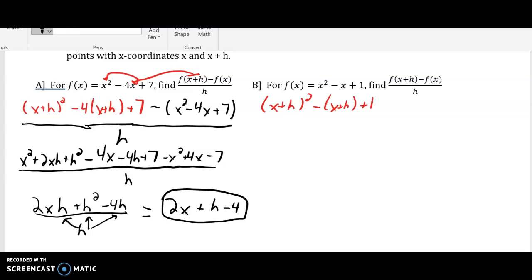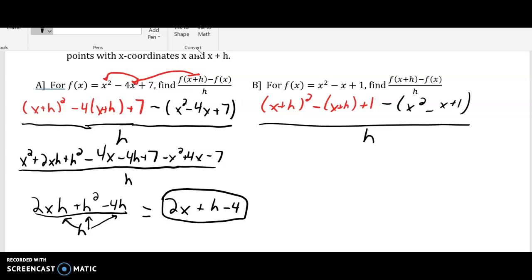Now I'll switch colors again here. Minus f of x. Remember, it's minus the whole thing, and it's just the original function. All over h. Got to simplify, but that's the setup.